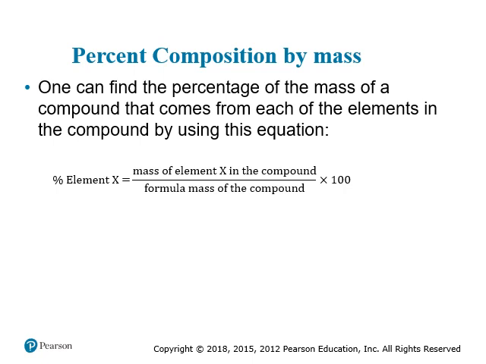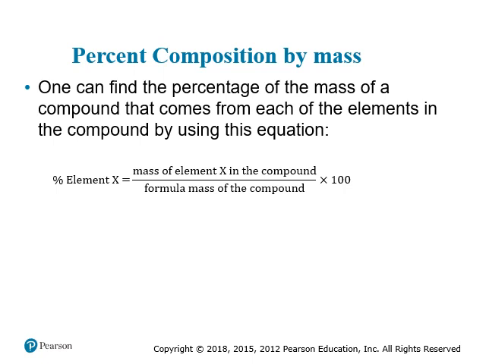The element in question, let's call it element X. If we want to determine the percent of a compound that is element X, then we're going to take the mass of element X in that compound and divide it by the total mass of the compound. And in order to create a percentage, we're going to multiply that number by 100. A percentage is just part out of the whole.